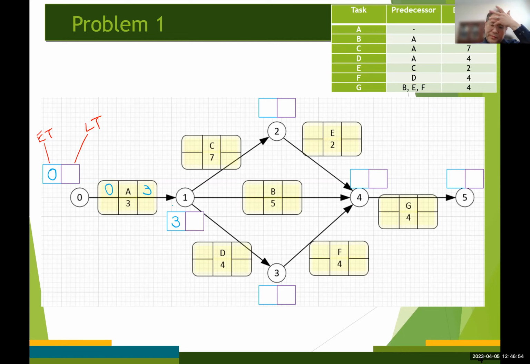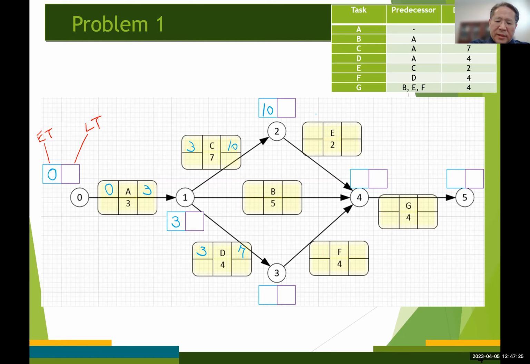So the earliest start time for both activities C and D is going to be 3. 3 plus 7 becomes 10. 3 plus 4 becomes 7, right? And up here, the earliest time for event number 2 becomes 10.